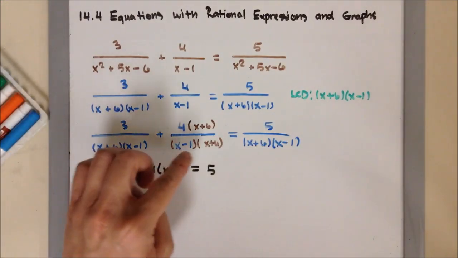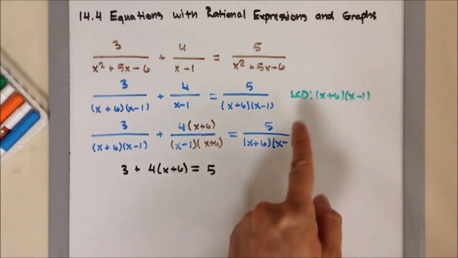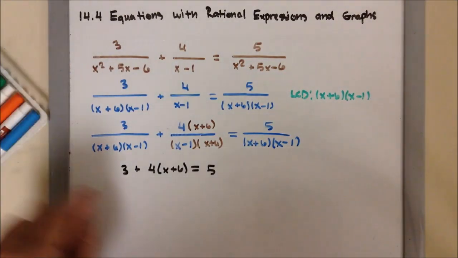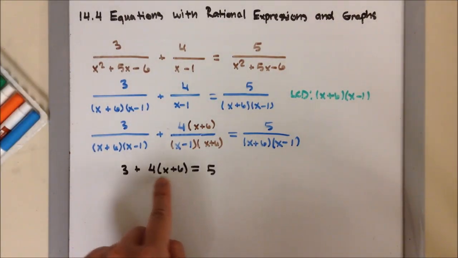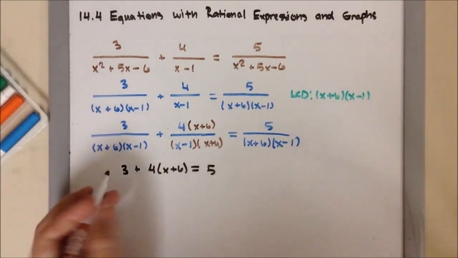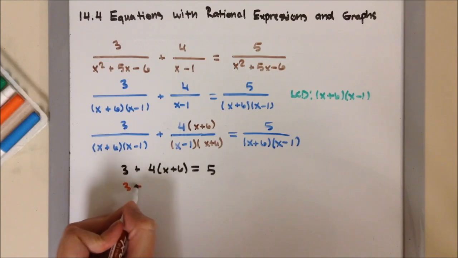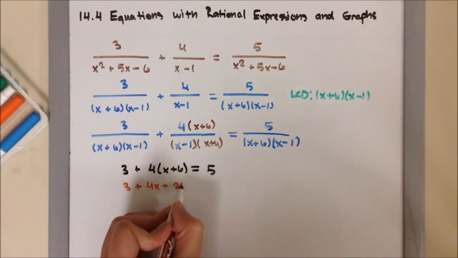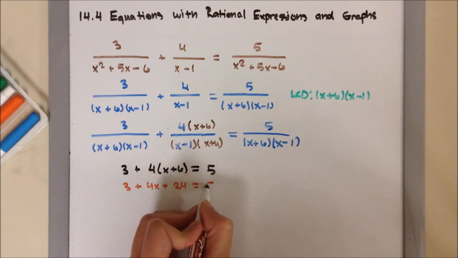When the denominators have all the same factors according to the LCD, we just focus on the numerators. So here, I'm going to distribute the 4 to the x plus 6. So I'm going to have 3 plus 4x plus 24 equal to 5.